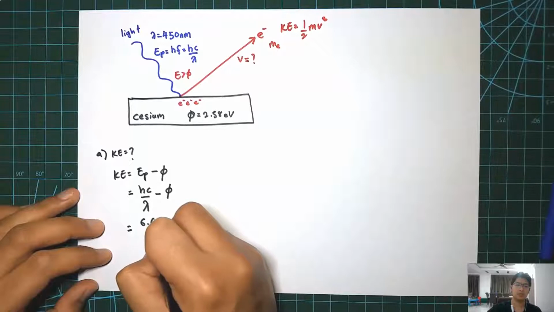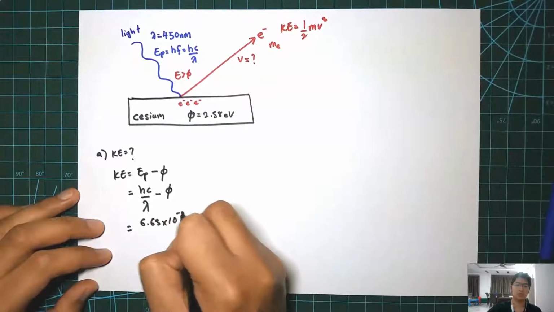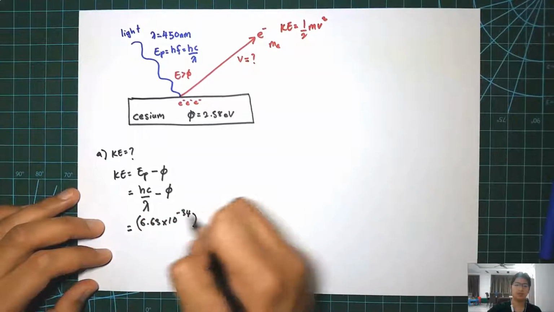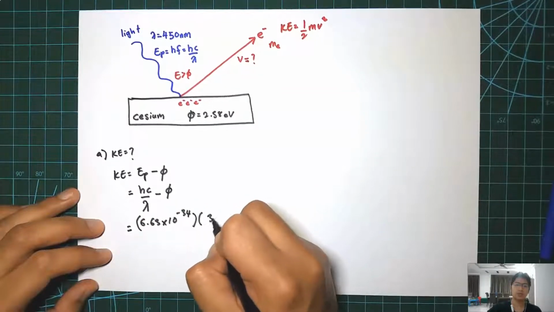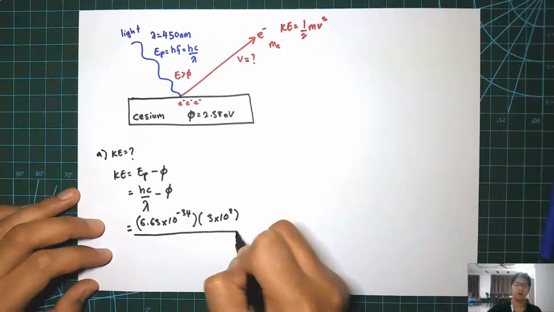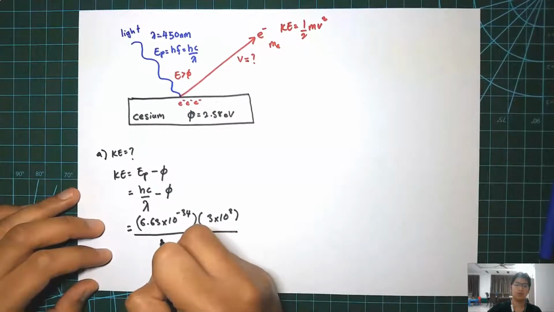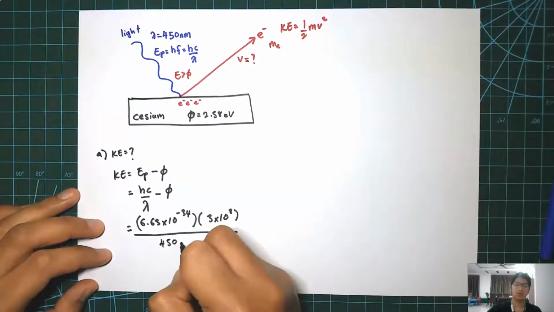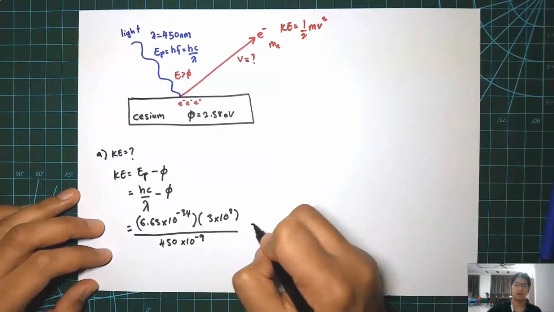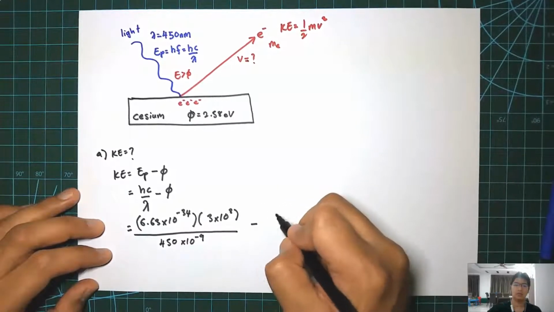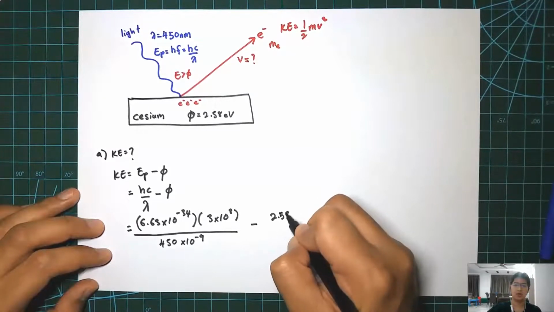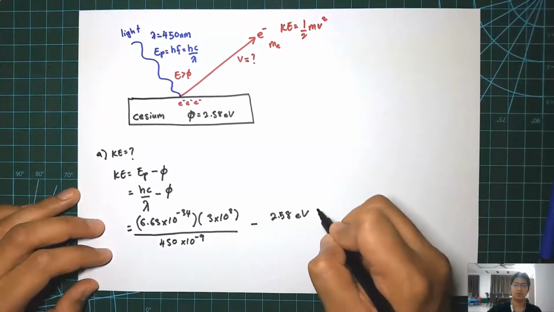h is the Planck constant, 6.63 times 10 to the power of negative 34, times the speed of light, 3 times 10 to the power of 8, over the wavelength of the light, which is 450 times 10 to the power of negative 9 in meters, minus 2.58 electron volt.